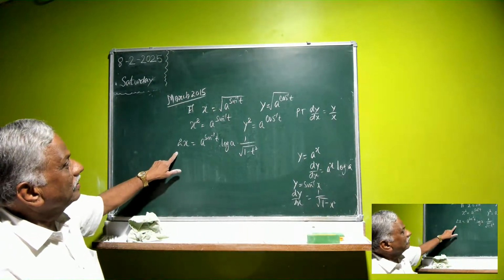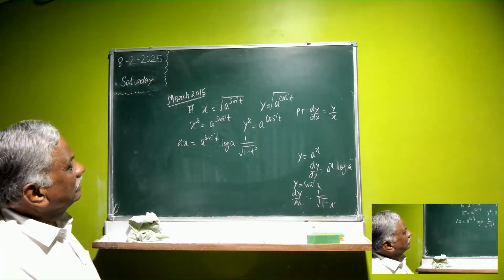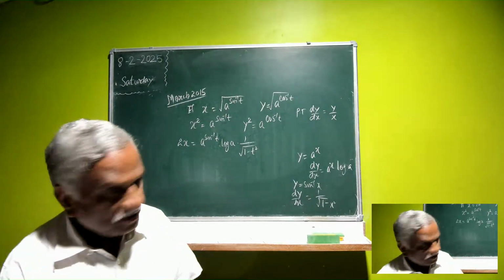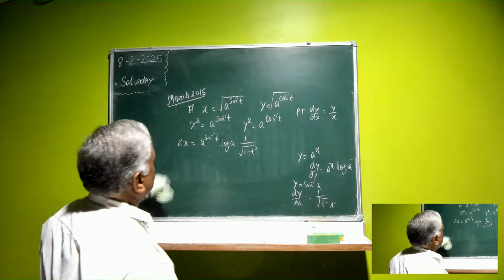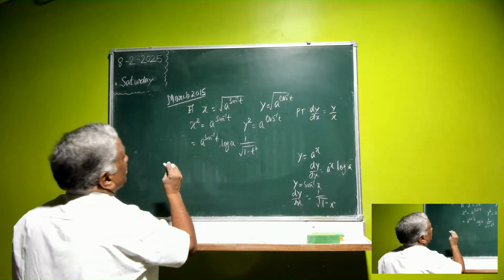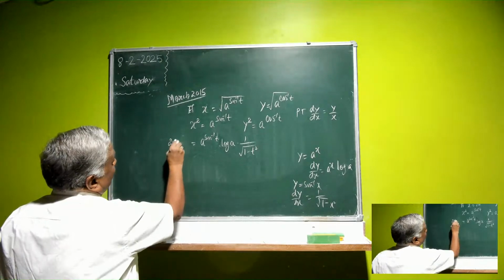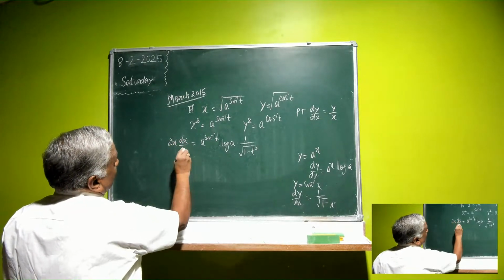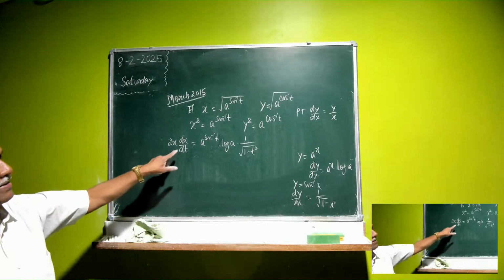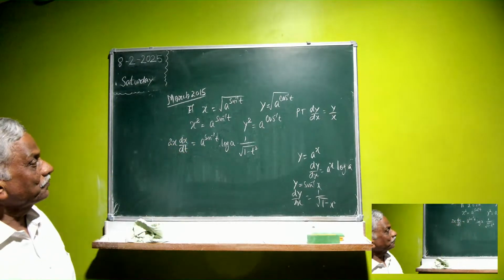It's not just 2x, because we are differentiating with respect to t. So it is 2x dx by dt. If I were differentiating with respect to x, I would have got just 2x.